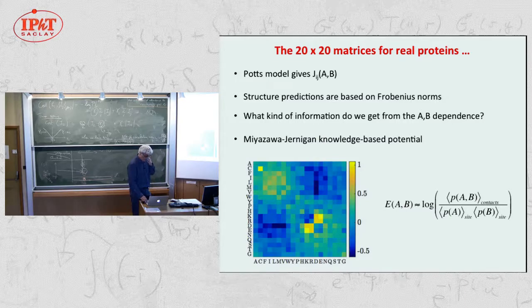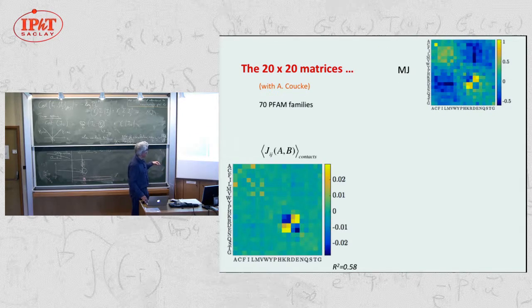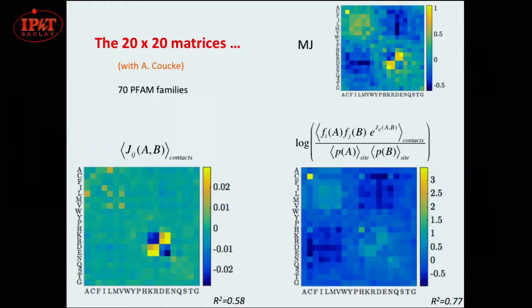So now if you take many different protein families, infer the GIJB and do some kind of averages, some kind of correlation is found. So if you average the GIJB over all pairs ij in contact, you see some kind of correlation with that. And if you do the average in a slightly different way, which is actually more realistic, you find also larger correlations. But this correlation is very far away from 1.